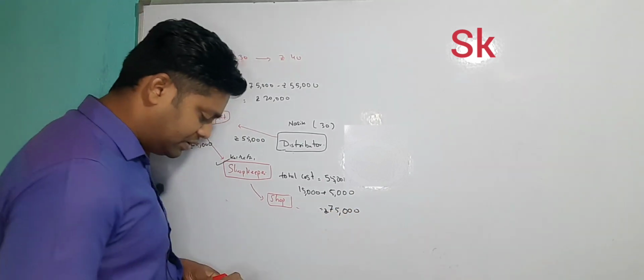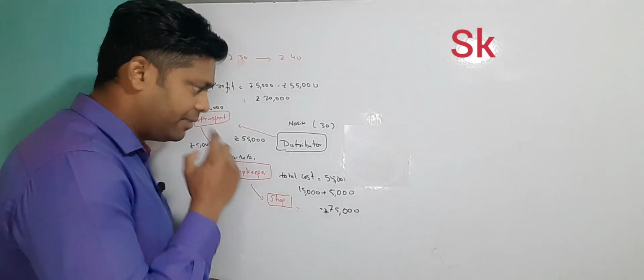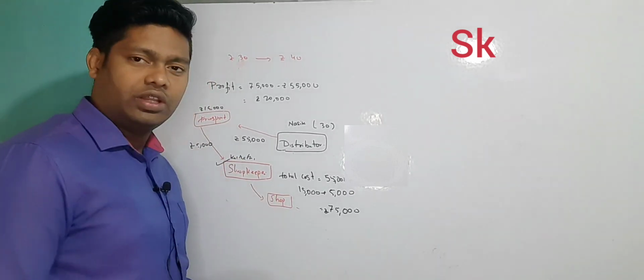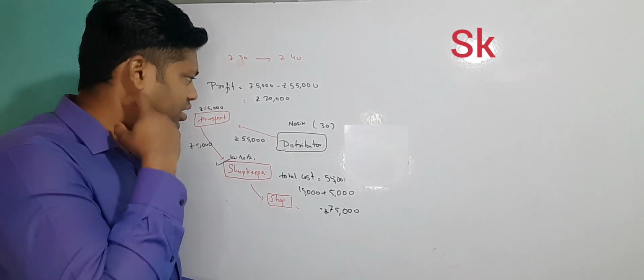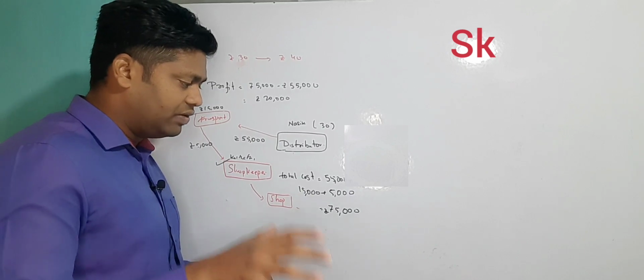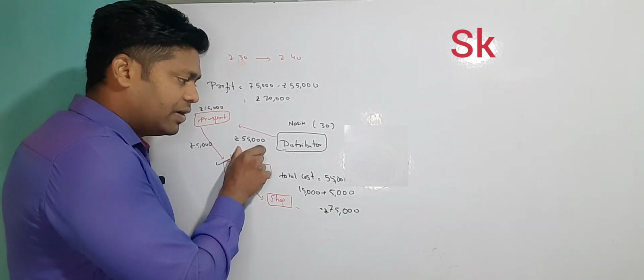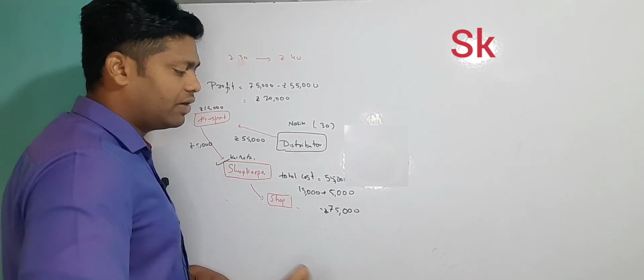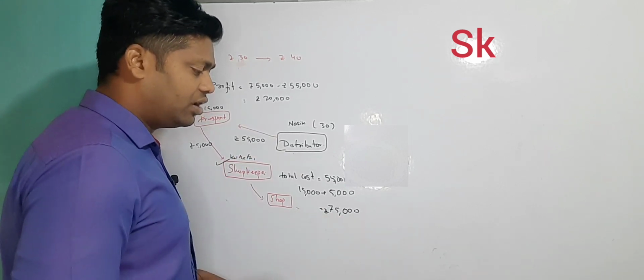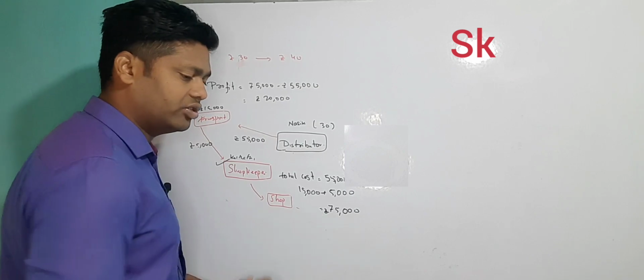So if a customer comes to me and says he needs 30 of my TVs, should I consider 55,000 and sell the TVs to him, or should I consider 75,000? Sir, obviously you are going to consider 75,000. Why?